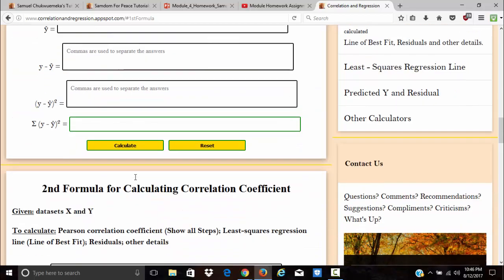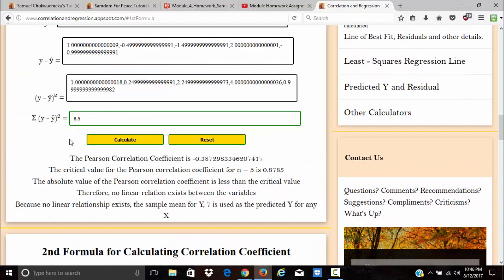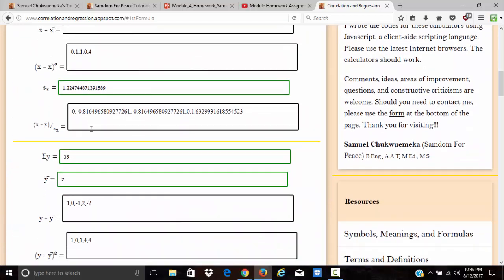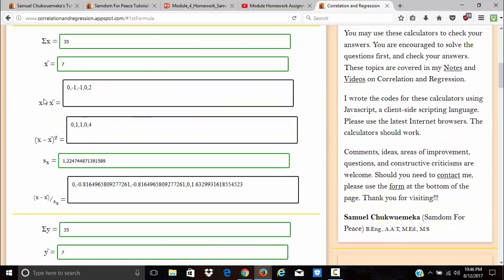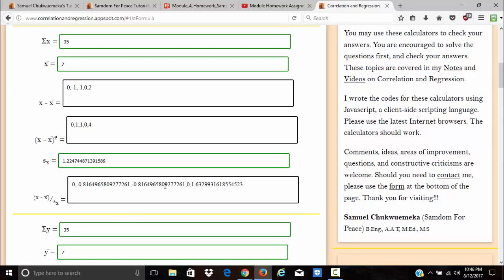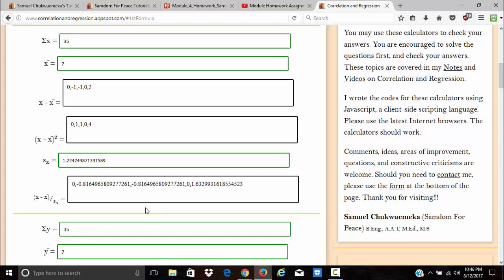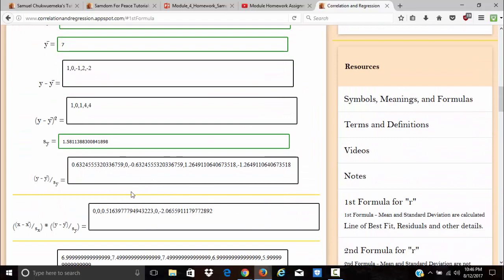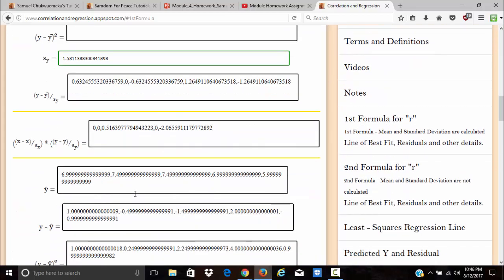so you just scroll down, click calculate. When you click calculate, you see all these values, so if you make any mistake in any step, you can easily spot it. These are the values as is, without rounding, so it's up to you to round it.